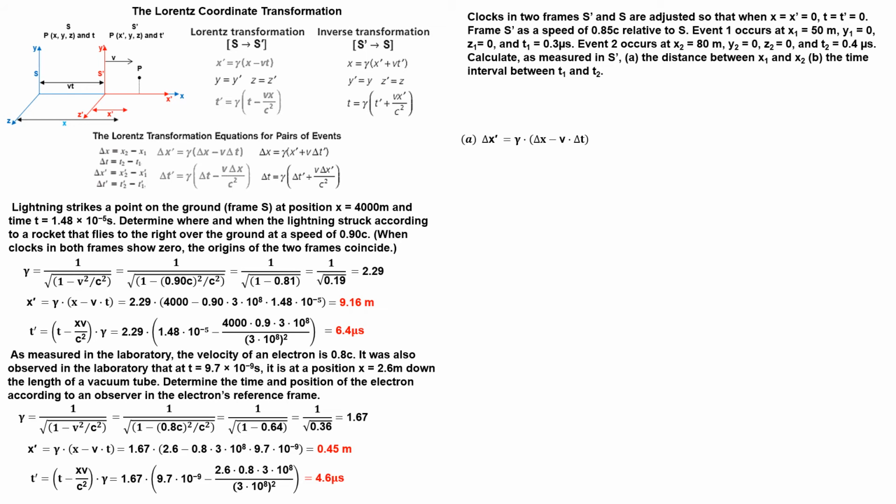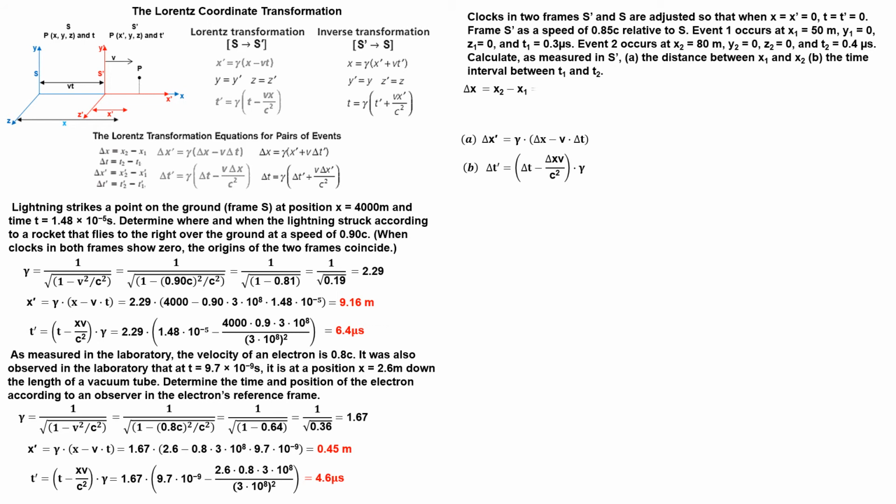Because we are considering a pair of events, we choose transformation equations from the last table. We choose frame S to be stationary and the frame S' to be moving with positive velocity.